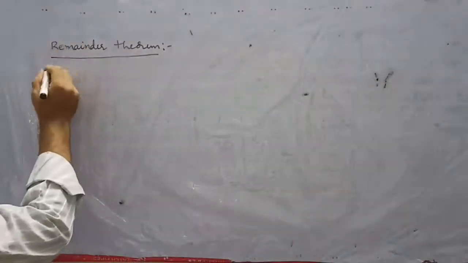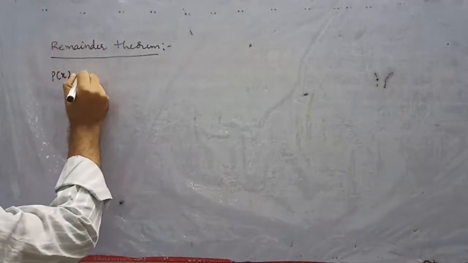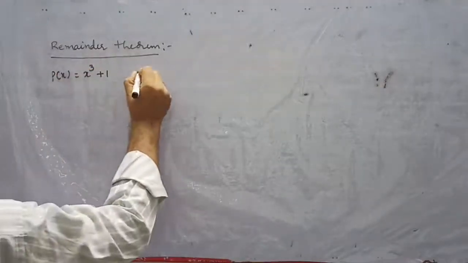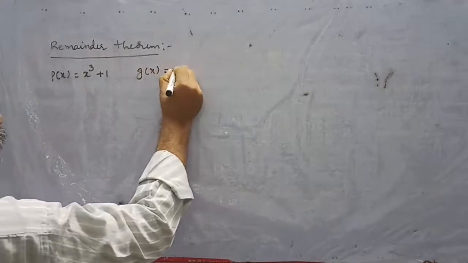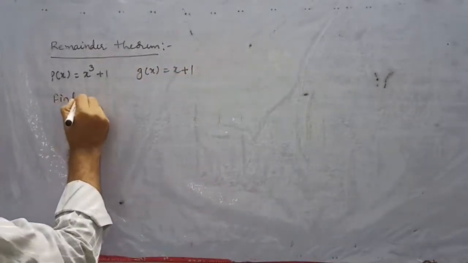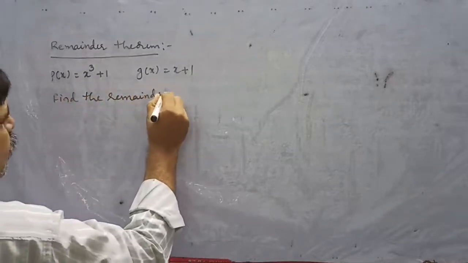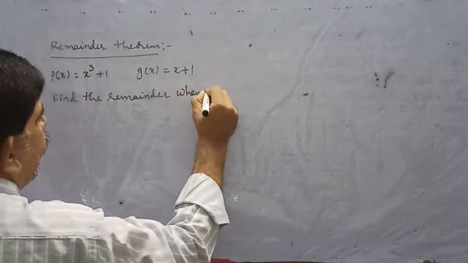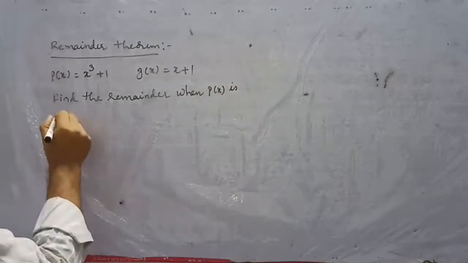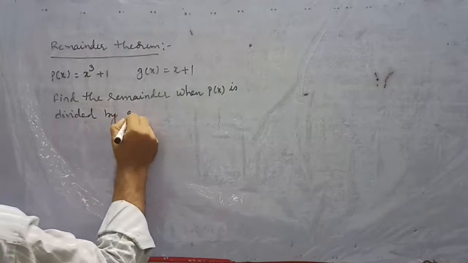One example, let us suppose P of x is equal to x cube plus 1 and G of x is equal to x plus 1. Find the remainder when p of x is divided by g of x.